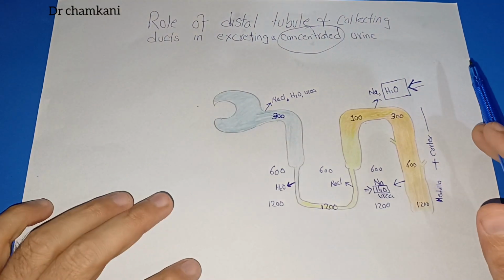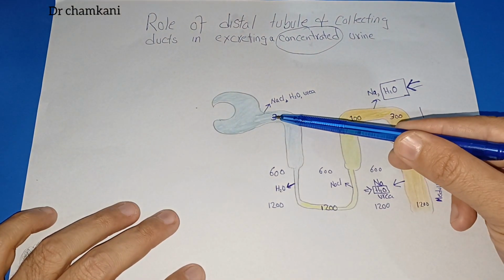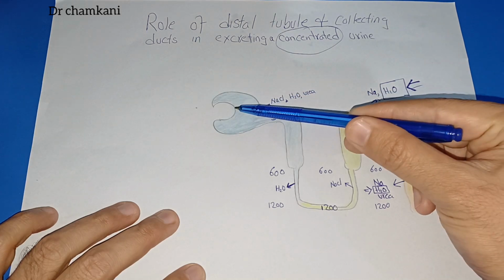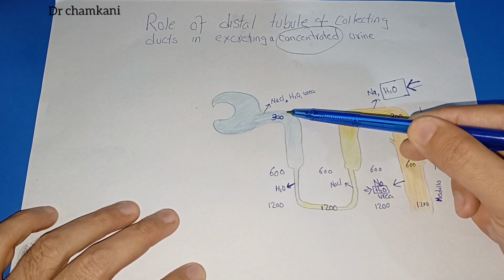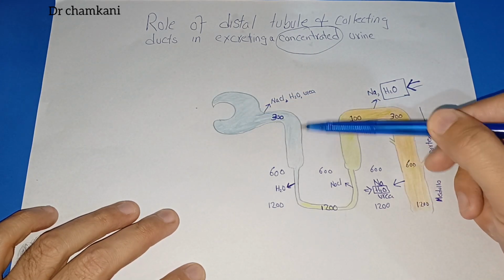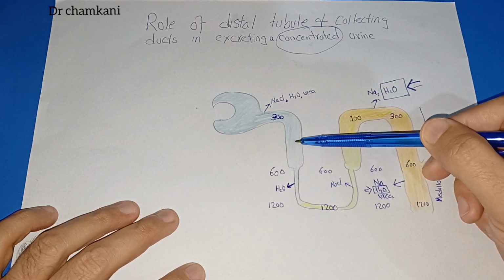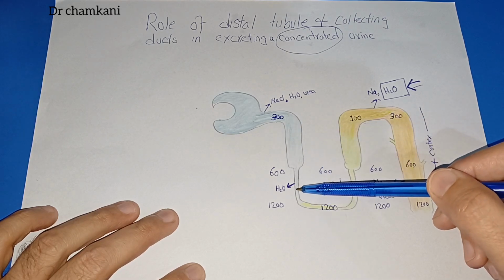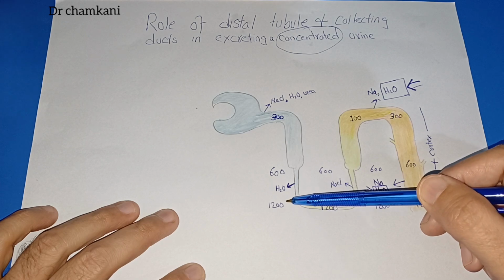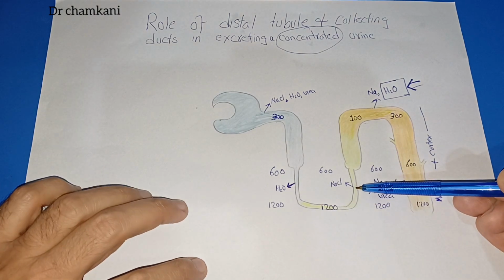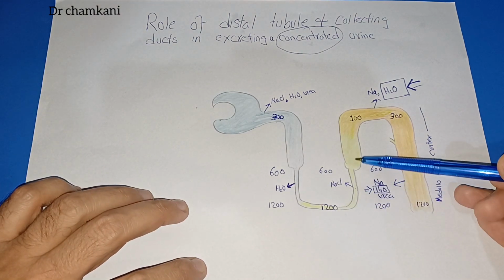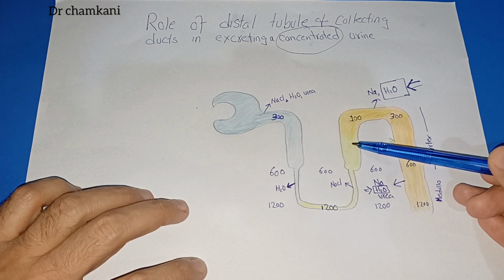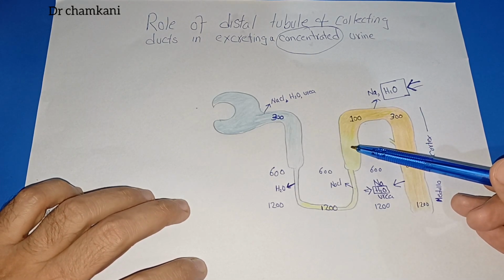So we have mentioned repeatedly that when glomerular filtration occurs, reabsorption of solutes and water starts from the proximal tubule. Water gets reabsorbed from the proximal tubule, also from the descending limb of the loop of Henle. But the thin ascending limb and the thick ascending limb of the loop of Henle are impermeable to water.